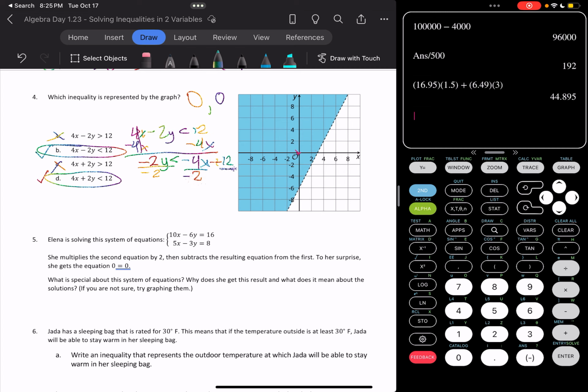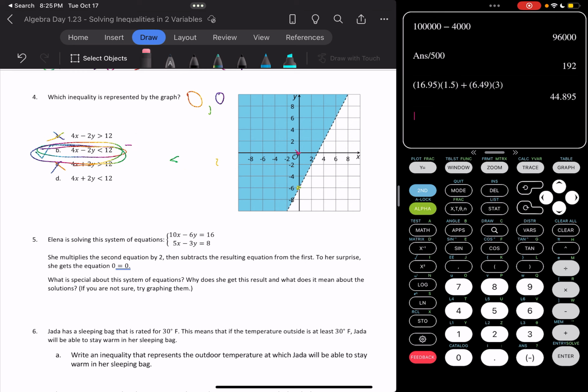Since we are dividing both sides by a negative, the sign will flip and we'll have y is greater than positive 2x. A negative divided by a negative is a positive. Positive 12 divided by negative 2 gives me negative 6. So that's a y-intercept of negative 6 and a positive slope going up 2 over 1. So B is our best answer, and that eliminates D as our answer option.